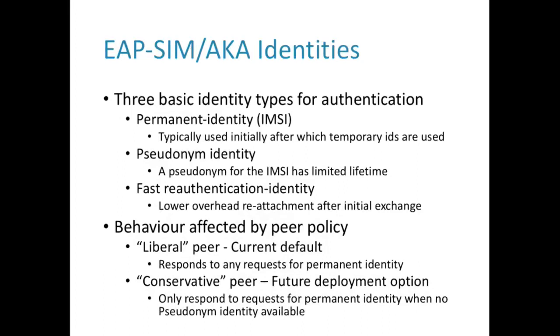Typically, the permanent identity is exchanged initially, when the phone first attaches to the network and tries to connect to the Wi-Fi, and after that there are these temporary IDs, which are the next two.